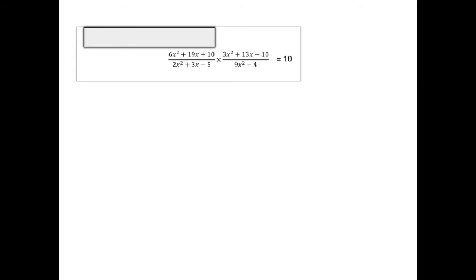So we're going to factor all of these, and if you notice, this is the exact same thing we already factored and simplified back in our first example problem, and remember that simplified to x plus 5, sorry, over x minus 1, as long as x does not equal negative 5 halves, plus or minus 2/3, and 1. Okay, so this is what we simplified to, and now we're going to set it equal to 10.